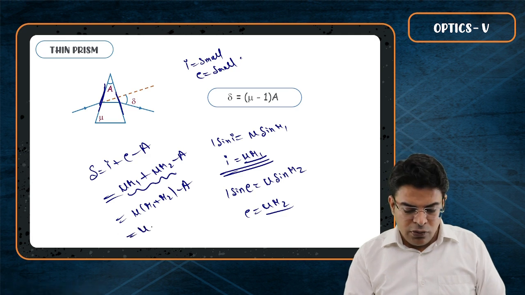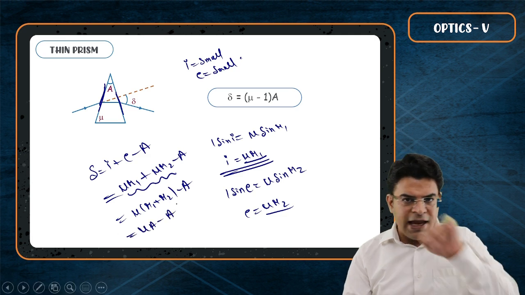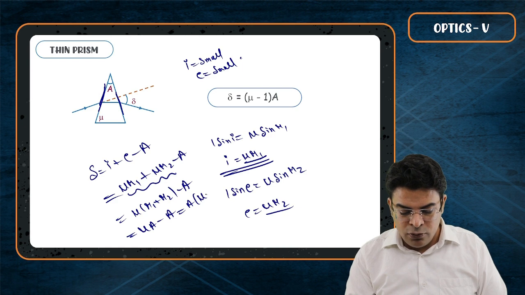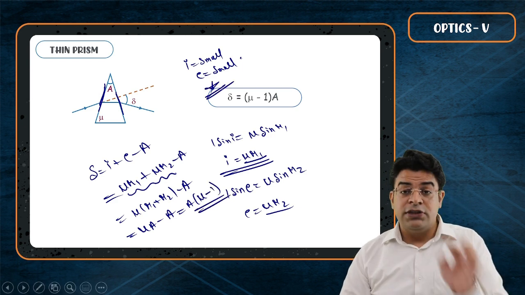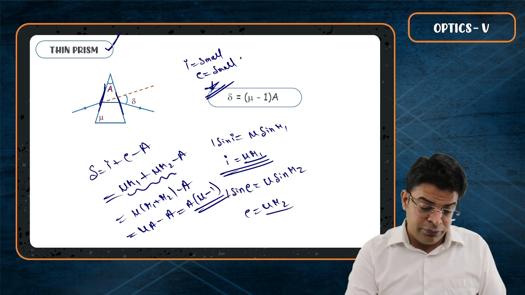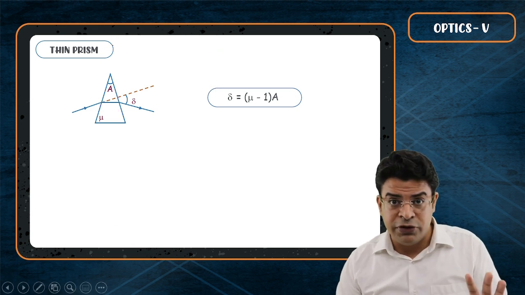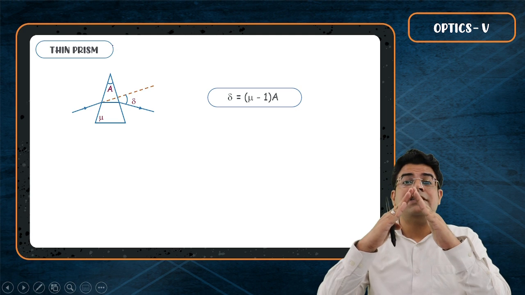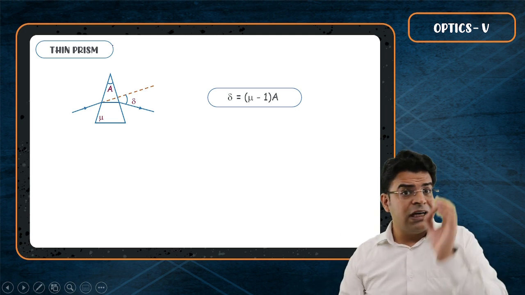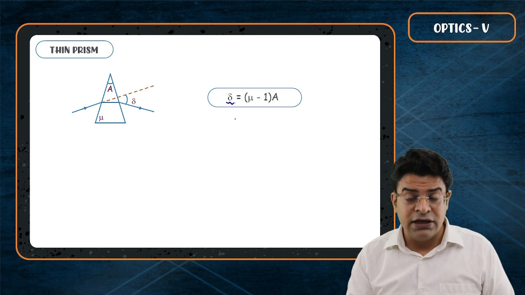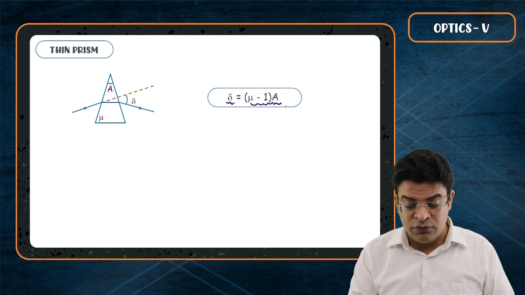So you get mu into A minus A, then take A common, you get A times mu minus 1. So you just need to remember this formula. This formula works for a thin prism. So if you have a thin prism, it means that the apex angle should be small, 1 degree, 2 degree, 3 degree. Then for such a prism, the deviation is equal to mu minus 1 into A.